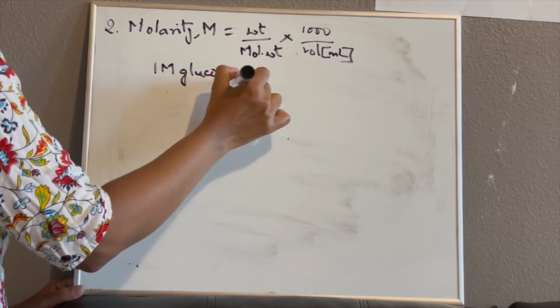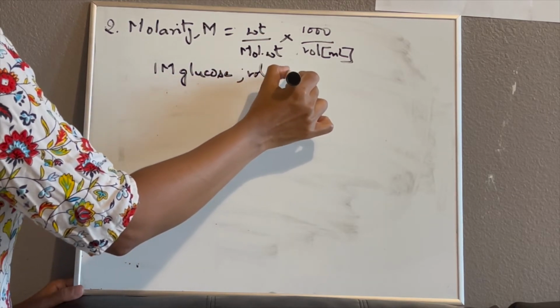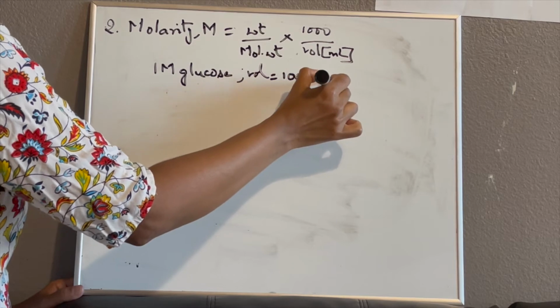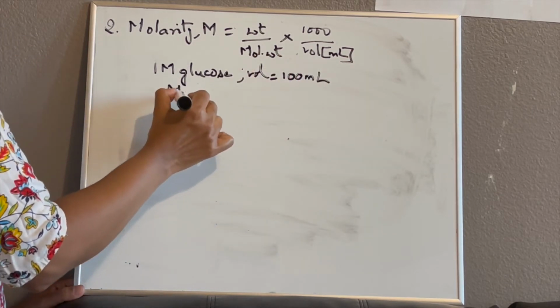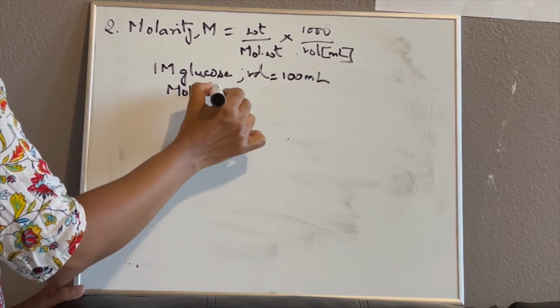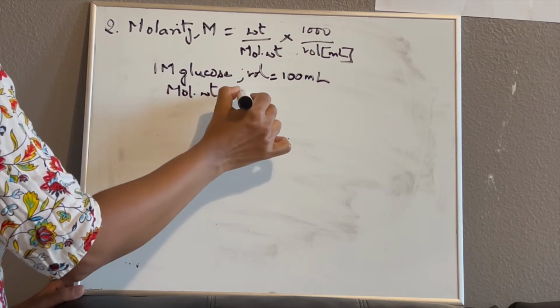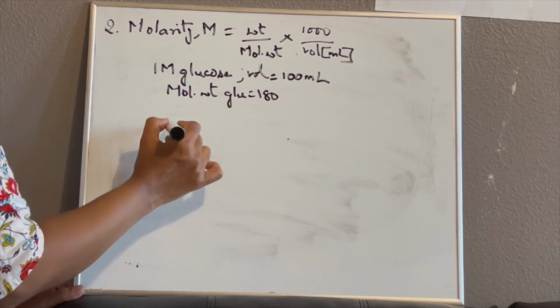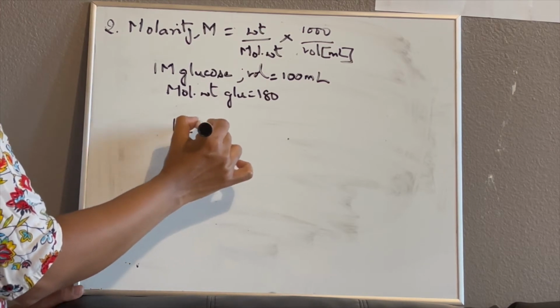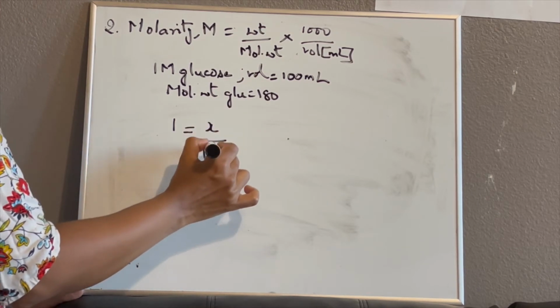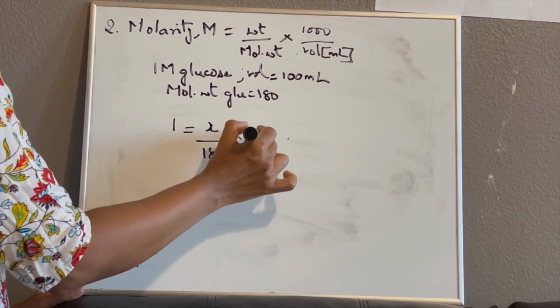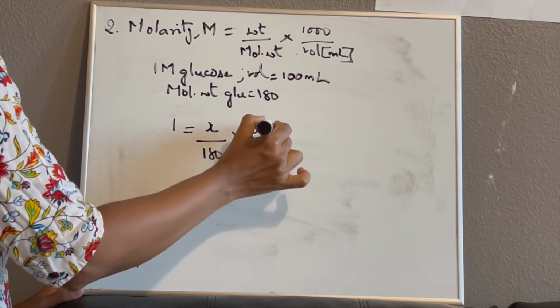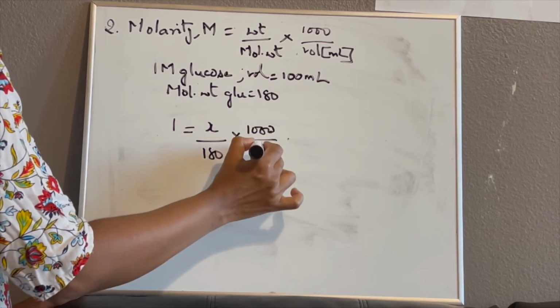Let's see how to make a 1 molar glucose solution. The volume I need is 100 ml. I know that the molecular weight of glucose is 180. So just substitute. I want a 1 molar solution: 1 = X by 180 into 1000 by 100.